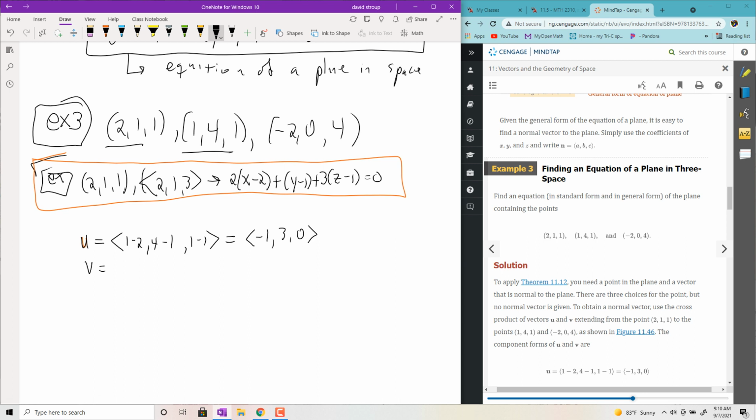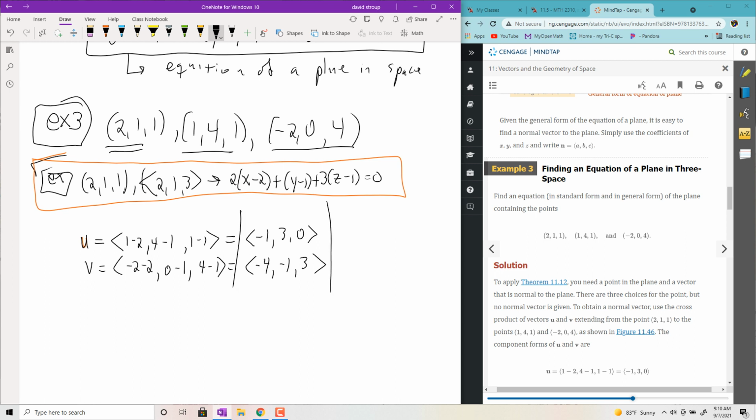And then let's get this other vector, from the first and the third points. So negative 2 minus 2, 0 minus 1, and then 4 minus 1. I think I did that right. Okay. So I get negative 4, negative 1, and then 3.